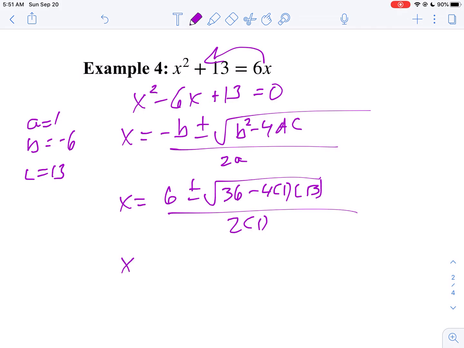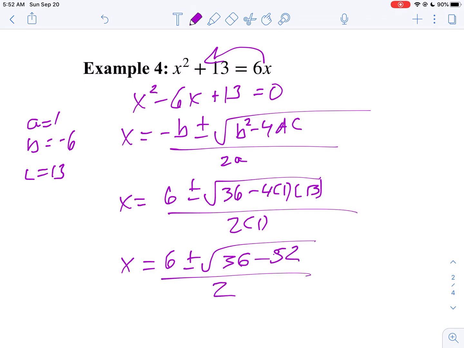So we're going to get x equals 6 plus or minus 36 minus 4 times 13 is 52, all over 2.